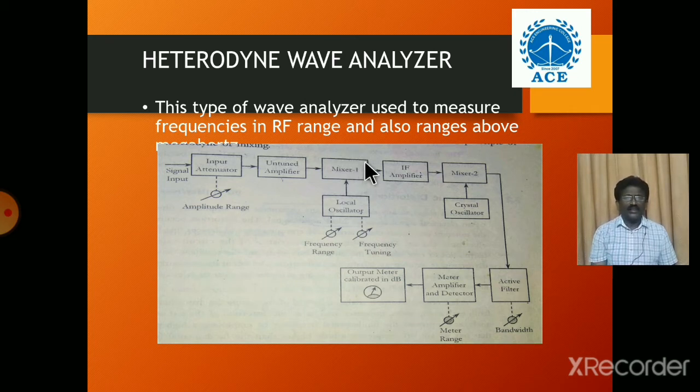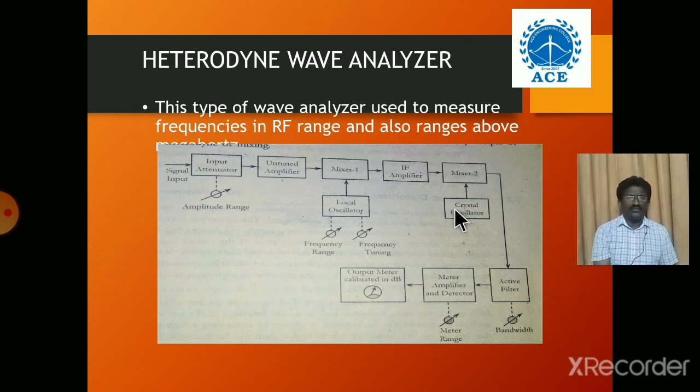The output of the IF amplifier is again heterodyned with a 30 MHz signal coming from a crystal oscillator. Due to this, the output of mixer 2 is centered on zero frequency.